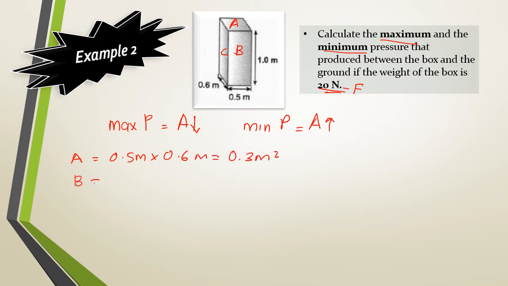Untuk B, kita dapat 1.0 meter times by berapa? 0.5 meter. So, kita akan dapat 0.5 meter square. Yang C pula, kita dapat 1.0 meter times by 1.6 meter. So, kita akan dapat 0.6 meter square.